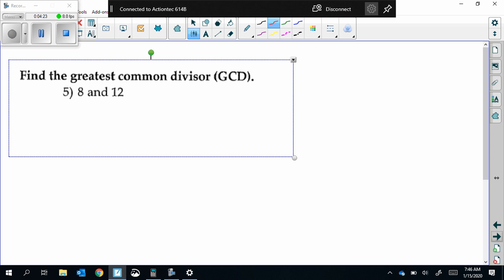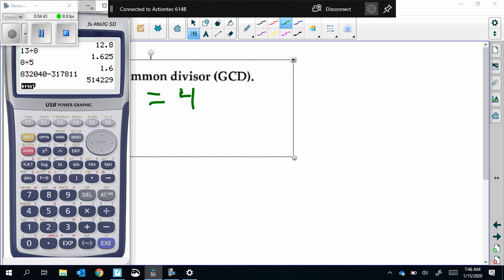Greatest common divisor. Well, these numbers are pretty small, so that's going to be pretty easy. You might automatically know that the answer is 4, because 4 goes into both of them. That's the biggest number that goes into both of them. The other, you can go down to the prime factorization. The easiest, this calculator doesn't do it, but most of yours do.